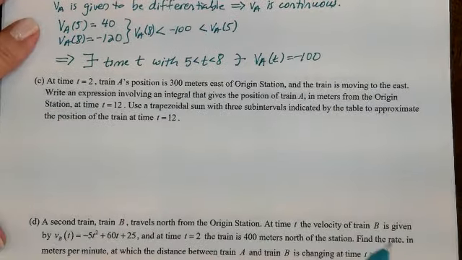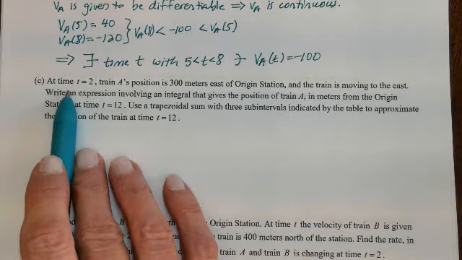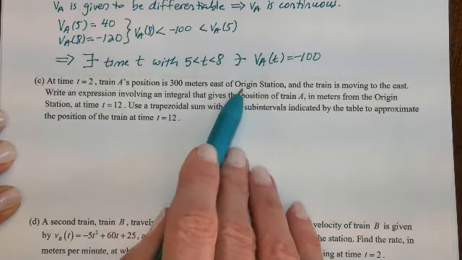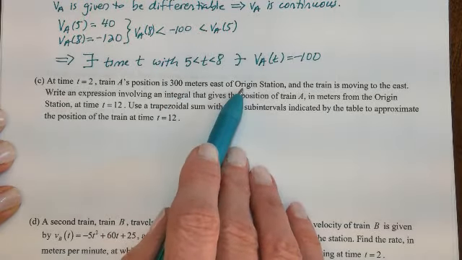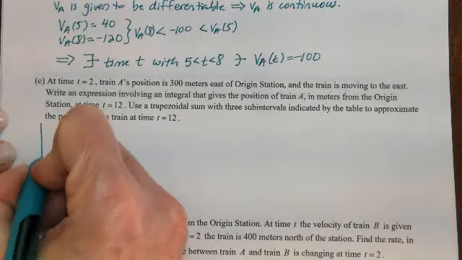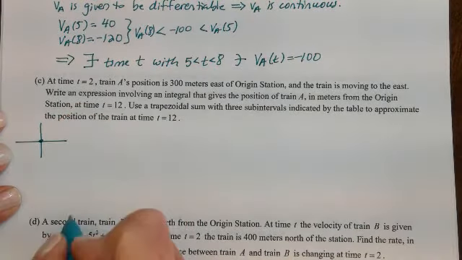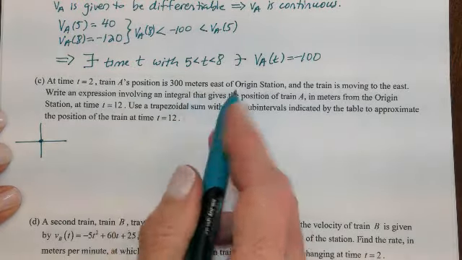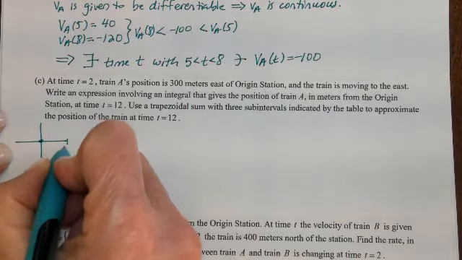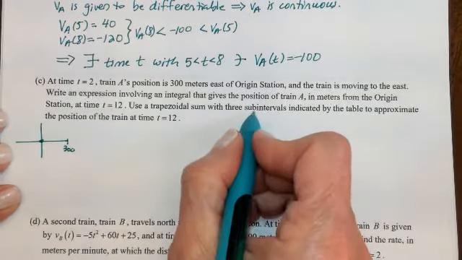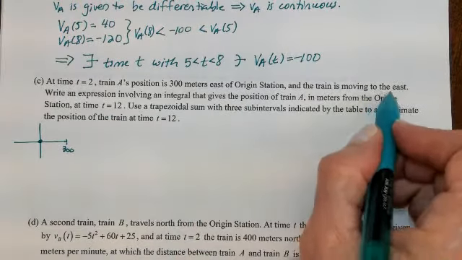All right, part C. At time 2, train A's position is 300 meters east of origin station. So if we have the origin station at the origin, train A's position is 300 meters east of there. So it's 300 meters east, and it's heading east.